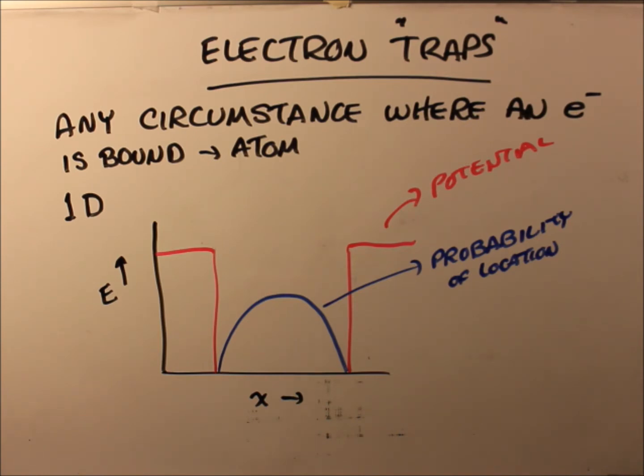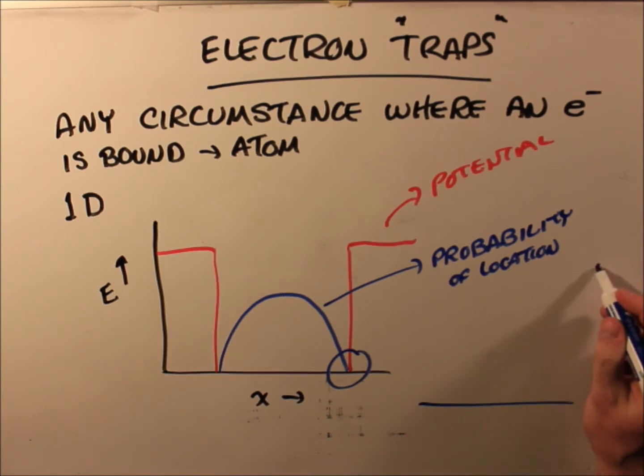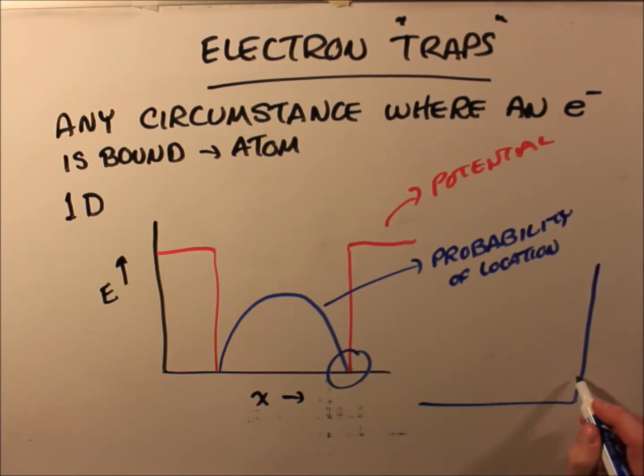Now here's where we start to get back to visiting the uncertainty principle. Because what we're going to say here is that the particle, when it gets to the corner, and we'll zoom this right in here, okay, if the particle gets to the corner like so, what is happening? Well, the location is known.